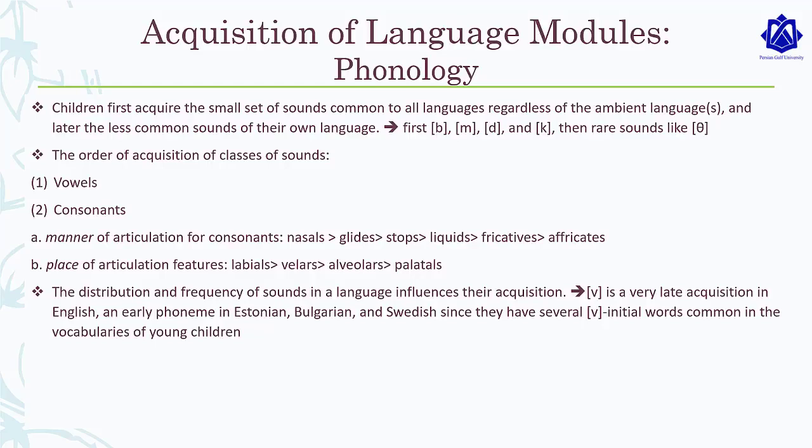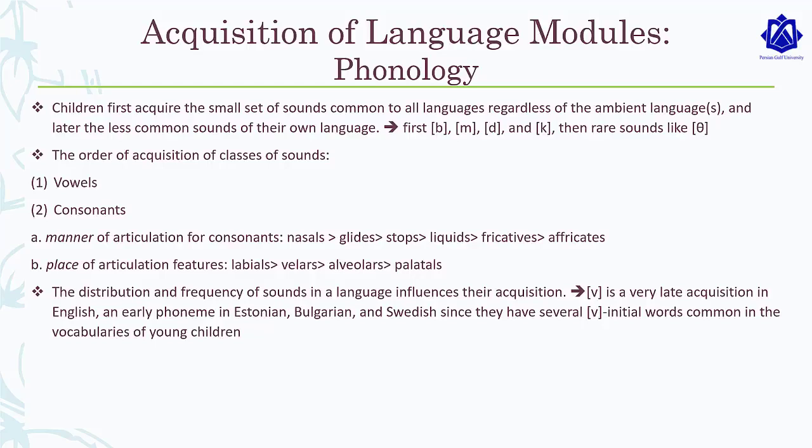For example, a sound like p, like m, like t, k, g. They are the first sounds that children all over the world acquire. And mama, baba, these are the first sequences that are produced.